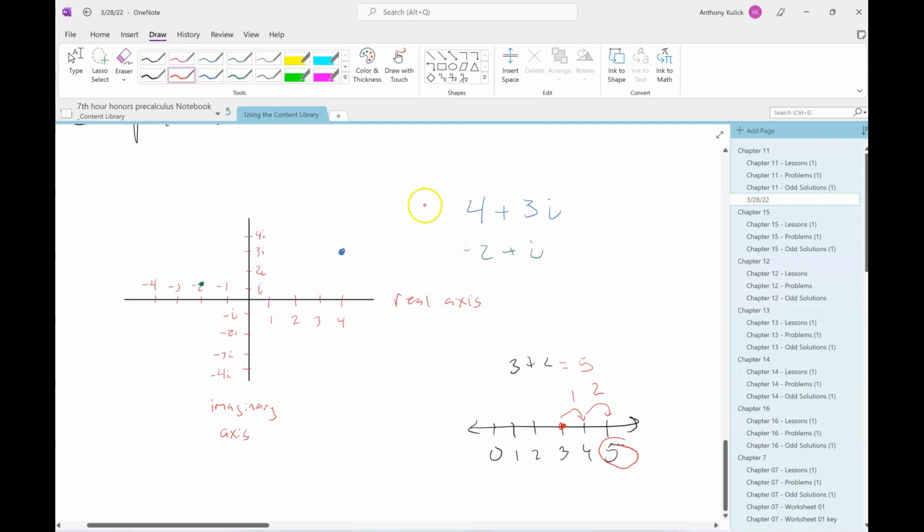Because to define the addition of these two numbers, I'm going to start by going to 4 plus 3i, and then I'll go 2 units over and 1 unit up.